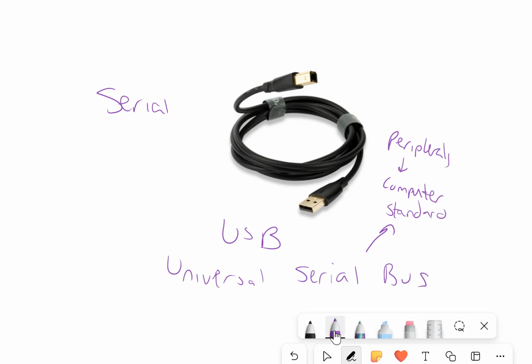Let's imagine a game controller which you plugged in using a USB-C. I did that the wrong way around, never mind. And a computer, so it'll be serial that's being used. As I said, it's standardized, which means that every company who makes USBs has to make them in the same way.